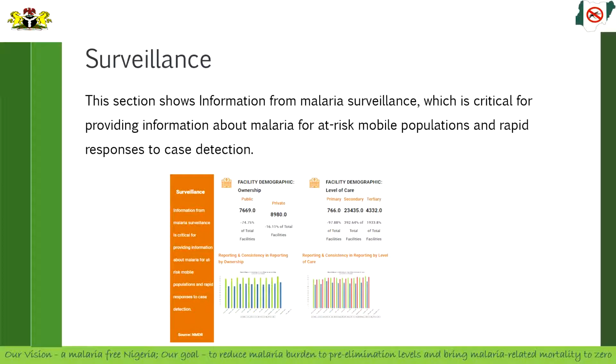So when you hear the total number of health facilities in Nigeria, it's actually categorized by primary, secondary, and tertiary across the country. Then it also gives us the reporting rate and consistency of reporting by ownership. We also see the reporting rate and consistency by level of care. This information is generated from the NMDR.